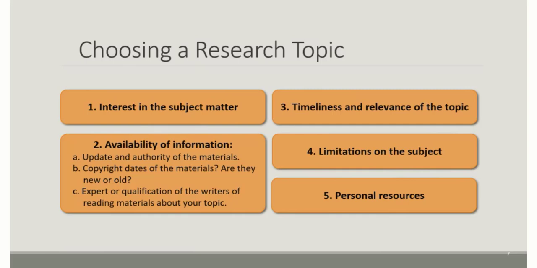Pero probably na-publish sa mga journal na paid, yung kailangan ng subscription bago mo ma-access yung mga documents na yun. So, you have to find a research topic that has abundant availability of information.